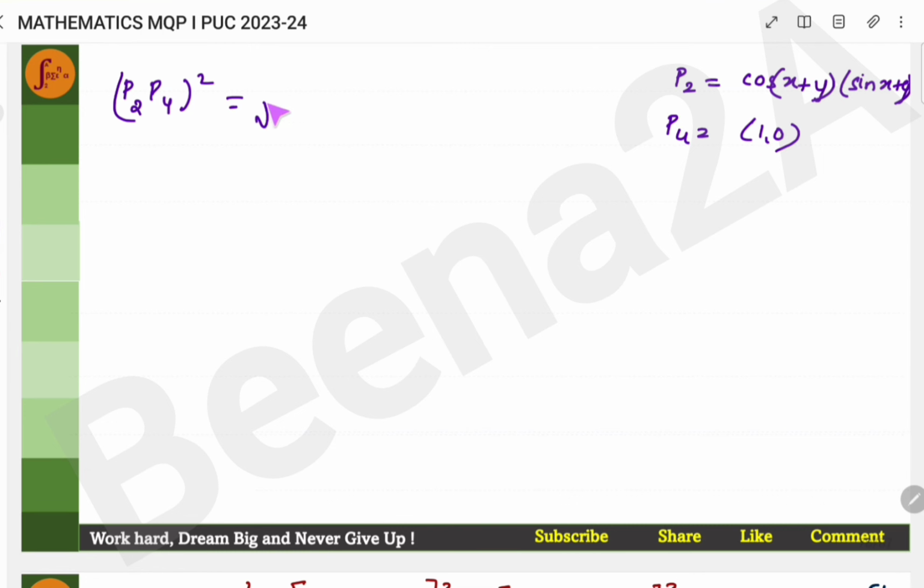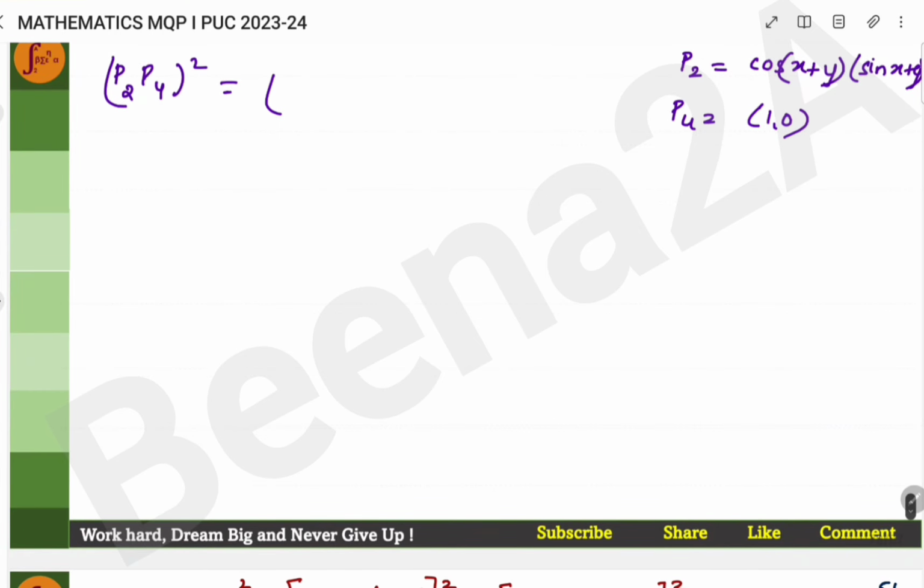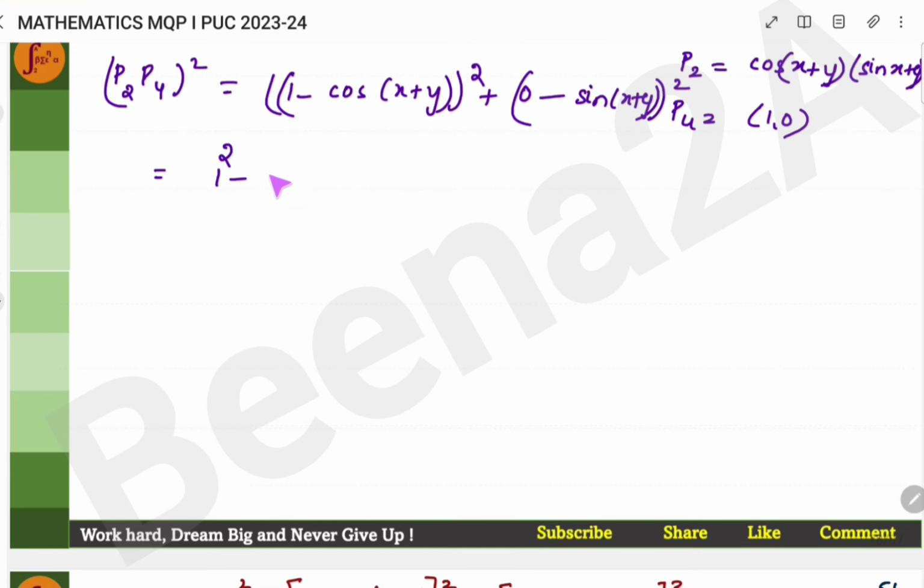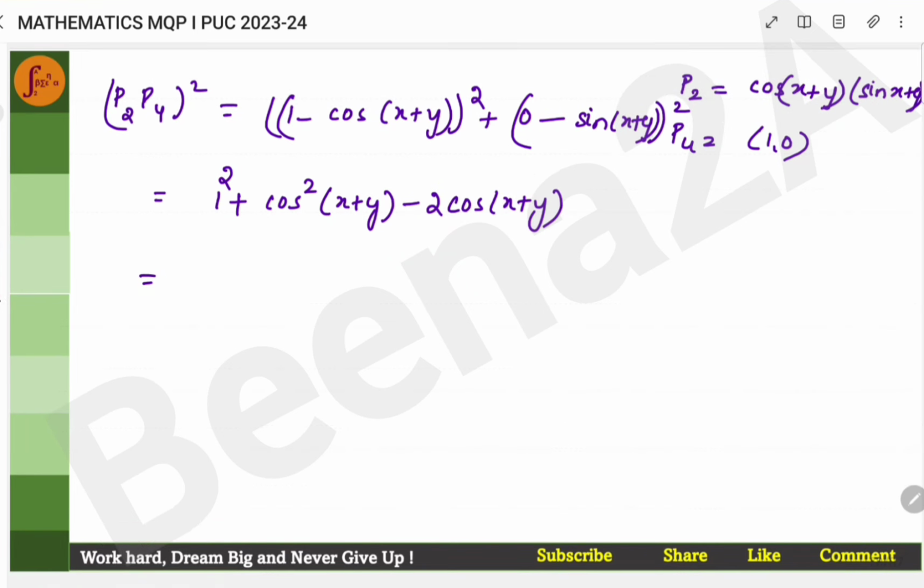So now we'll use this distance formula. So x2 minus x1, I will take it as 1 minus cos of x plus y the whole square, plus 0 minus sine of x plus y the whole square, which is nothing but, we'll expand this, so it will be 1 square plus cos square of x plus y minus 2 cos of x plus y, right?